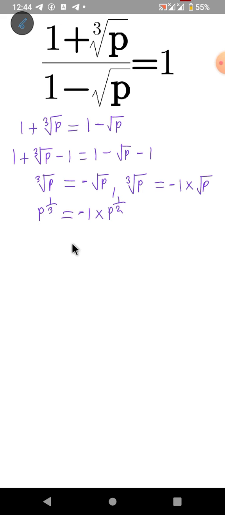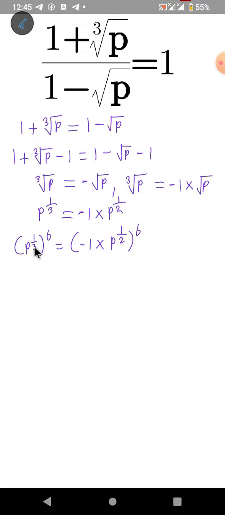My next step now will be to raise both sides of this equation to the power of 6. So we say p raised to the power of 1 all over 3, raised to the power of 6, equal to, open a bracket, minus 1 multiplied by p raised to the power of 1 all over 2, raised to the power of 6.